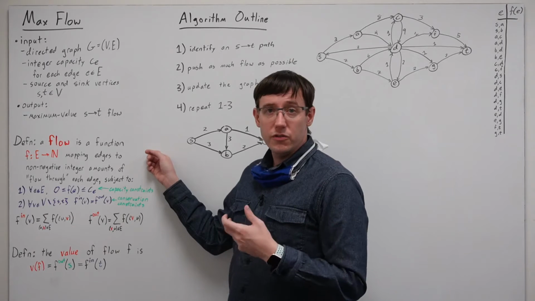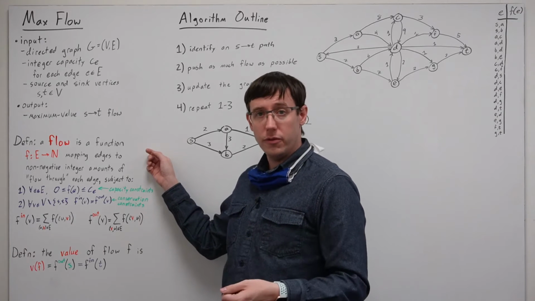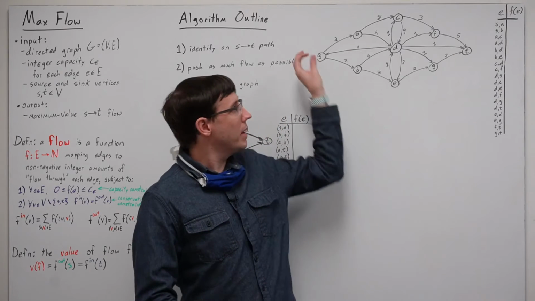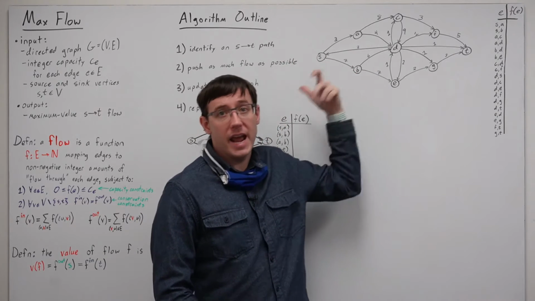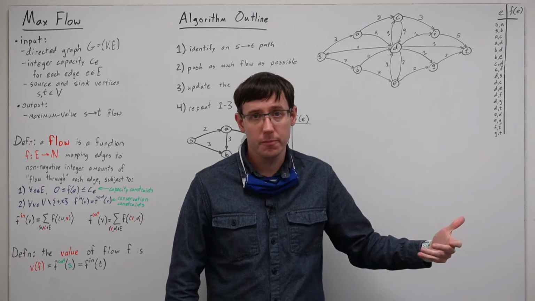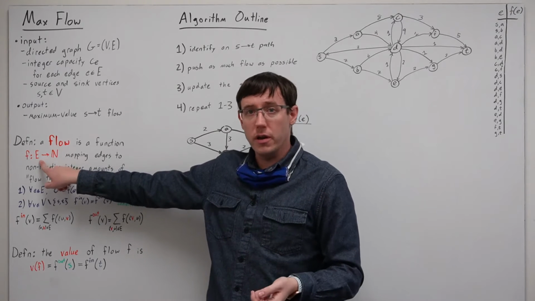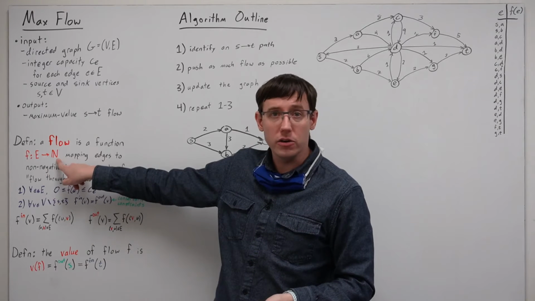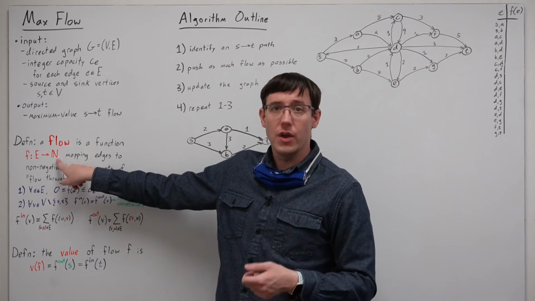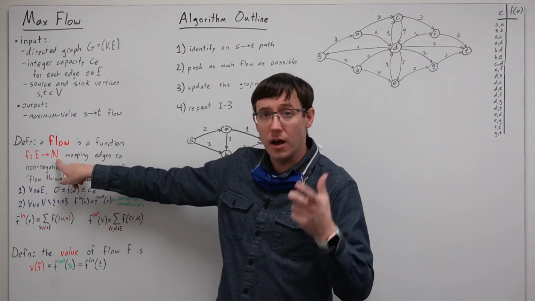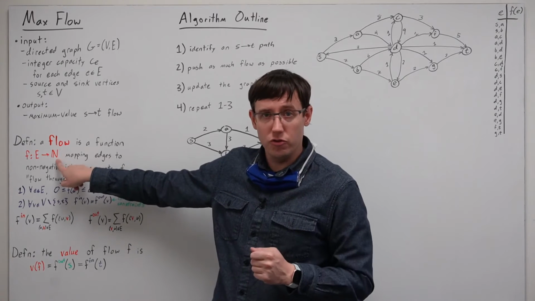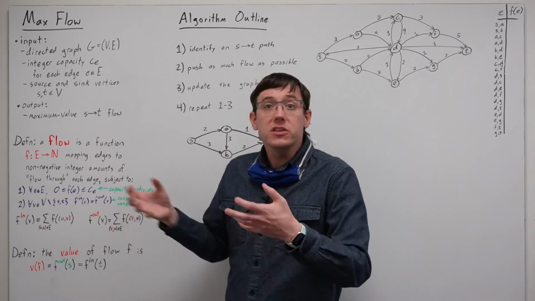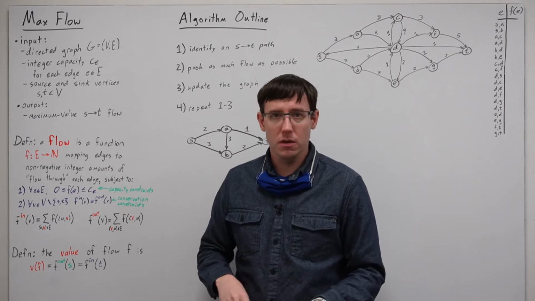But we define this formally by calling a flow some function that tells us the amount that is traveling on every edge of the graph. So the flow function maps edges to non-negative integers, telling us how much flow is on that particular edge. And that flow function must meet certain constraints.